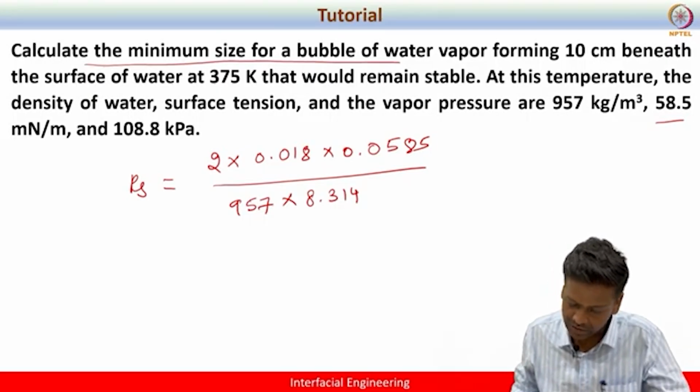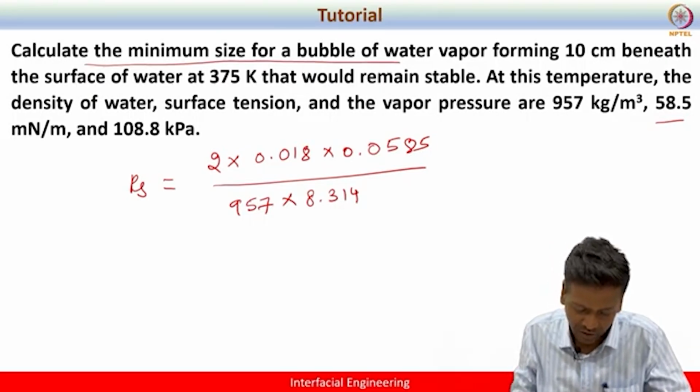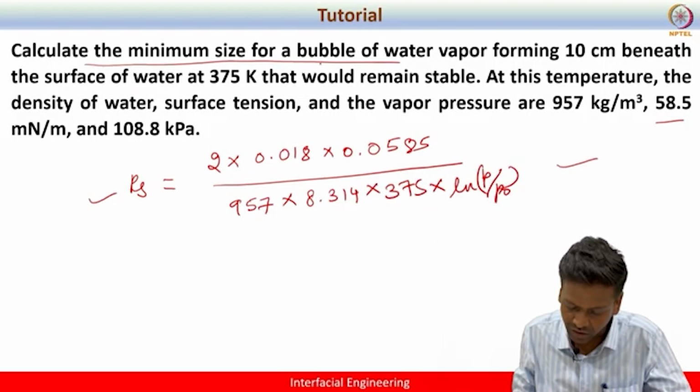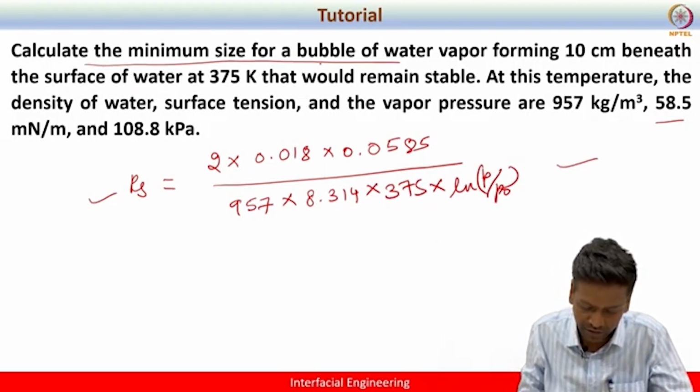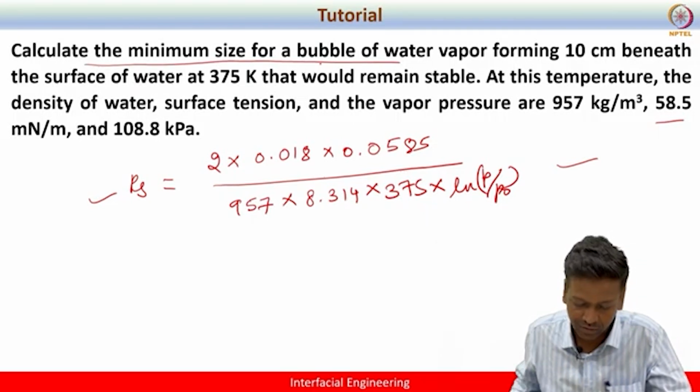Now, there is a condition given here. Calculate the minimum size for a bubble of water vapor forming 10 centimeter beneath the surface of water, right?